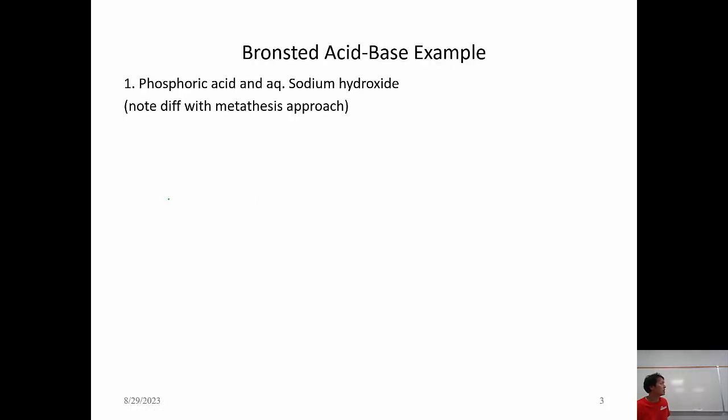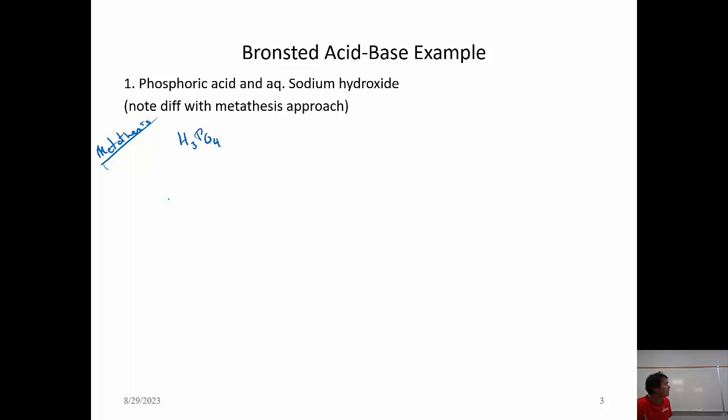Okay, let's look at an example here. Phosphoric acid and sodium hydroxide. This one we could do either metathesis or Bronsted acid base. So what I'm going to do is first I'm going to do this as a metathesis reaction. If I do this as metathesis, it just follows the double replacement format.